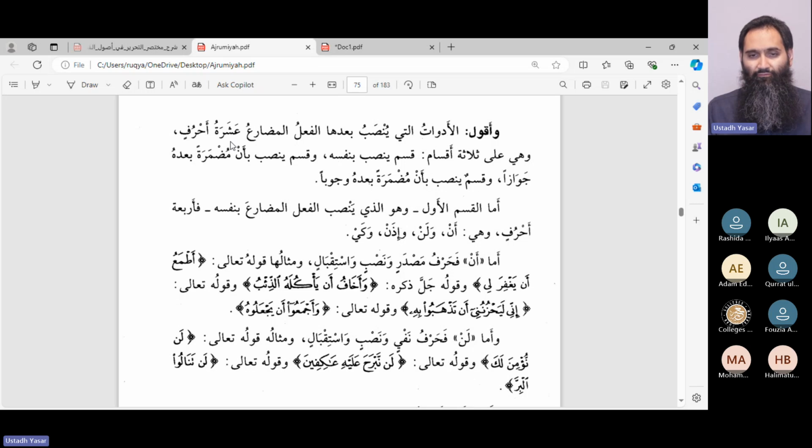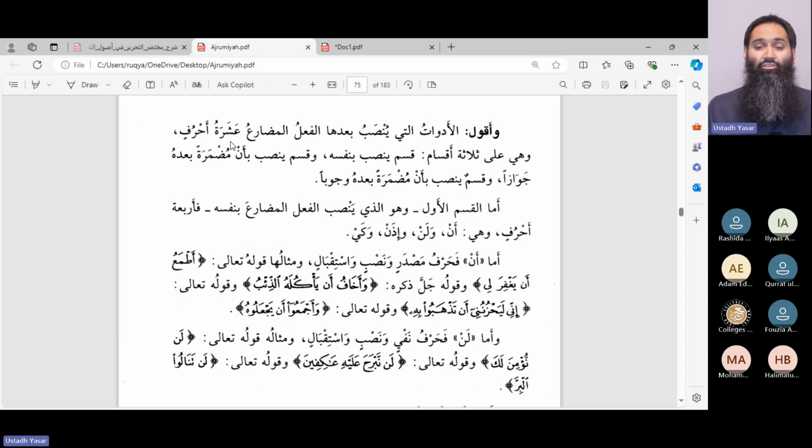This is like a sifa, like a description. This whole jumla here is like a description for adawat. Which adawat? Adawat by which fi'l mudari becomes mansoob. So you can say the adawat by which fi'l mudari becomes mansoob are 10 letters. You see, this is okay.